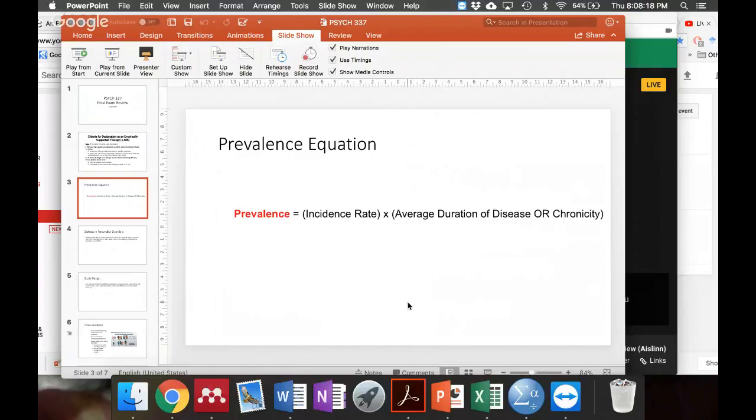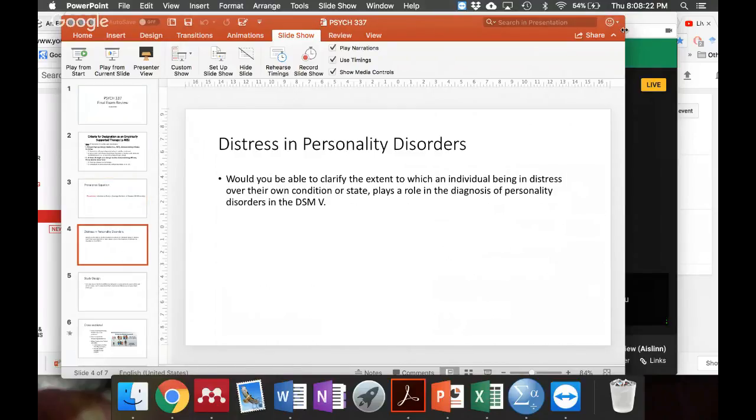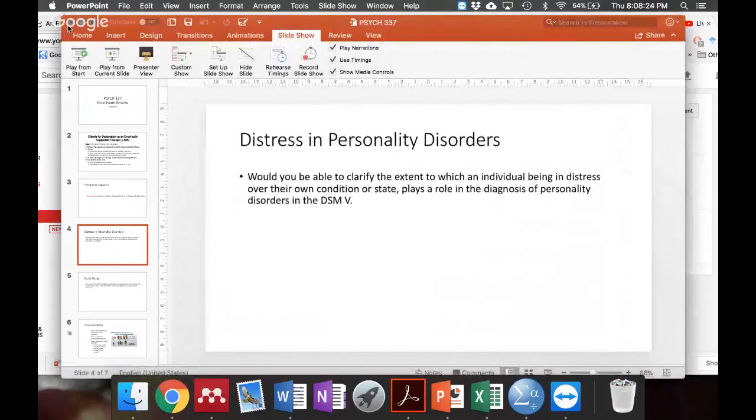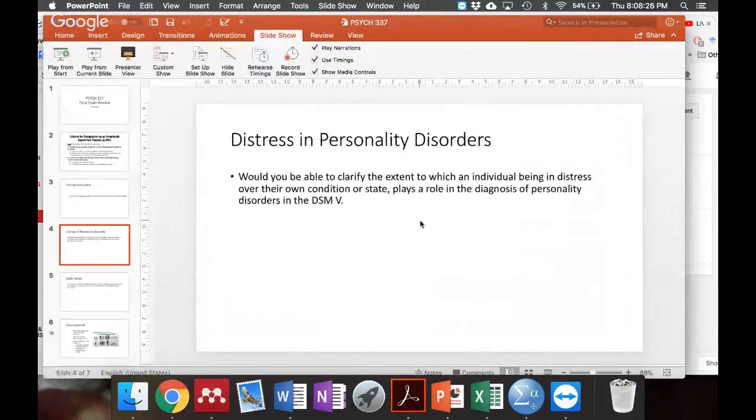Okay, so one of the questions that Dr. Weinberg received that she didn't get to cover in lecture was this one. So would you be able to clarify the extent to which an individual being in distress over their own condition or state plays a role in the diagnosis of personality disorders in the DSM-5?